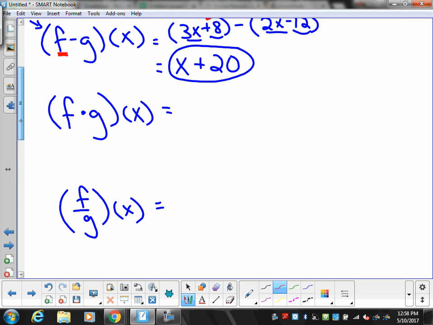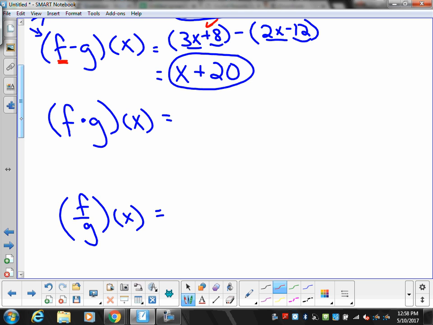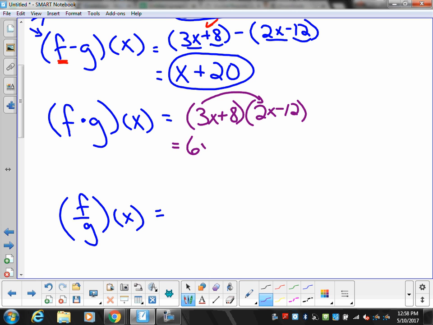And so in the multiplication, same exact process. We are going to take f, which was 3x plus 8, times g, which is 2x minus 12. So this one we have to distribute. Use the old FOIL method if you remember it. So you got 3x times 2x, which is 6x squared. 3x times a negative 12, which is negative 36x. 8 times 2x is a positive 16x.